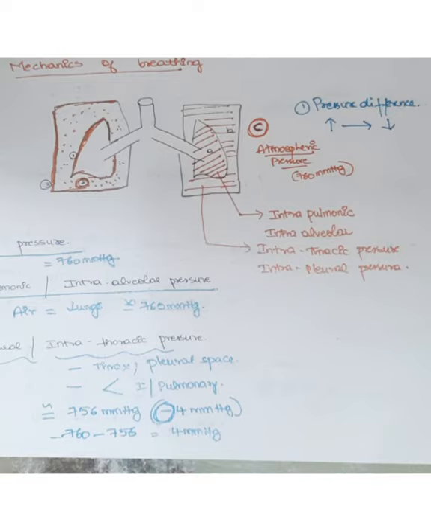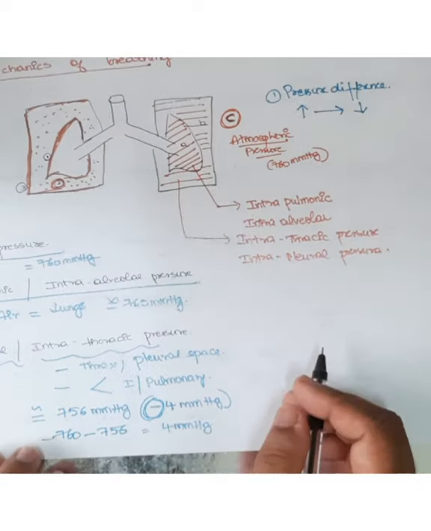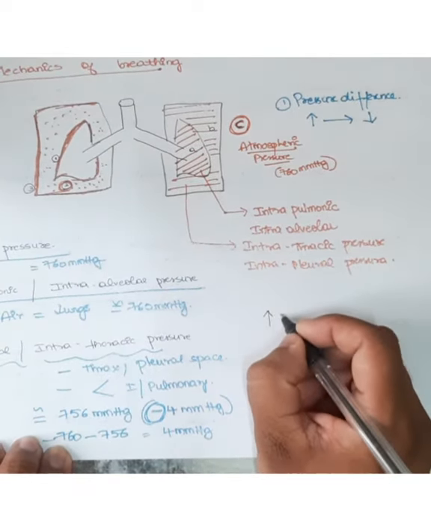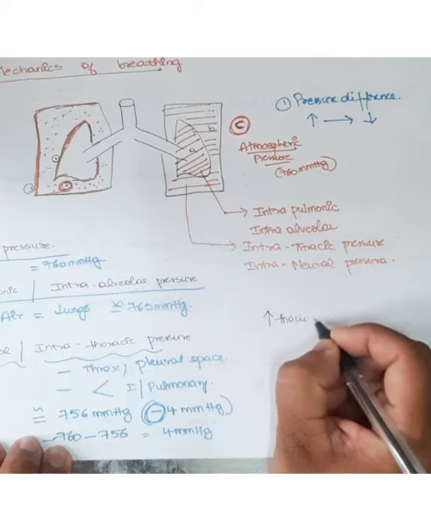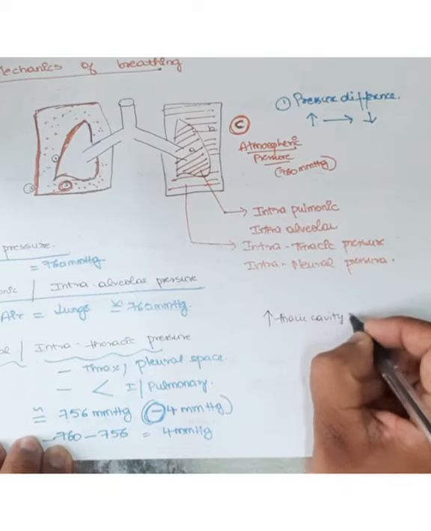So the recoil tendency of the lungs, the elasticity of the lungs and the elasticity of the chest wall always increase the thoracic cavity volume.